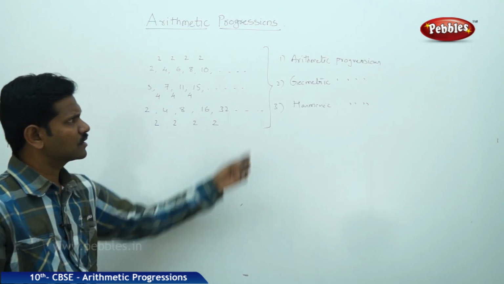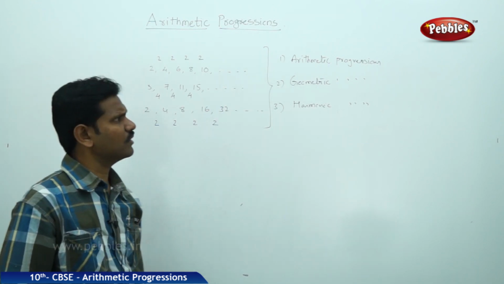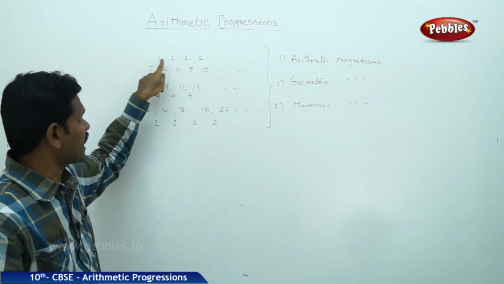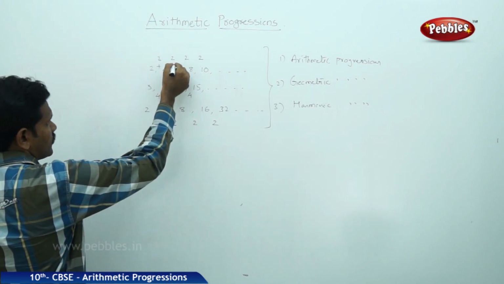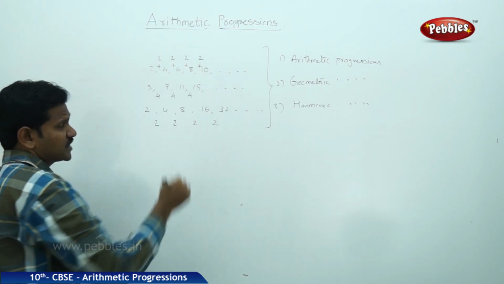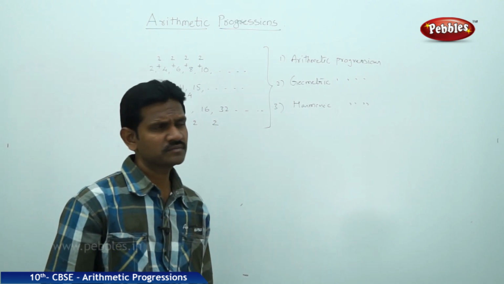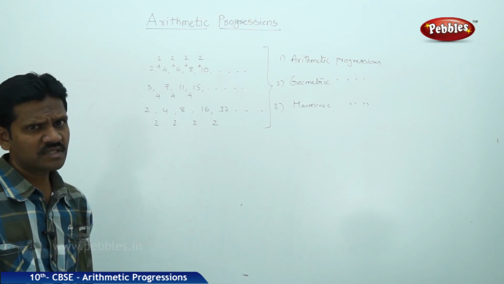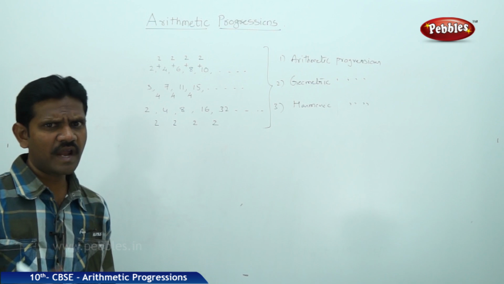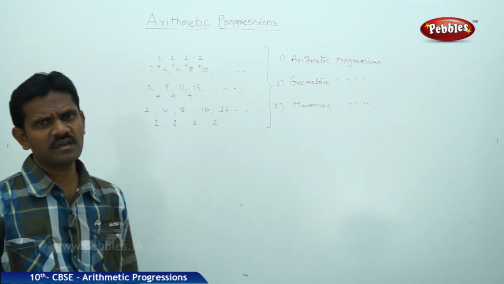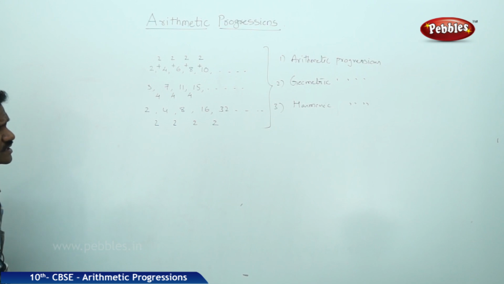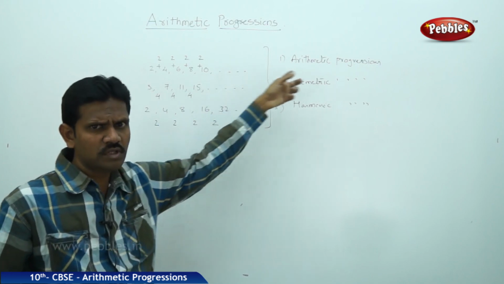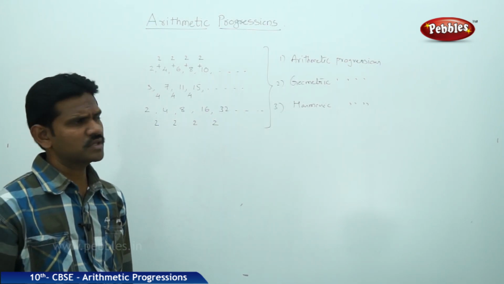Once again I repeat, arithmetic progression is the progression in which every term is obtained by adding a fixed number to its preceding number. Then such a sequence is called arithmetic progression. That is, in arithmetic progression we can add a fixed number or subtract a fixed number. The difference maintained throughout must be constant.